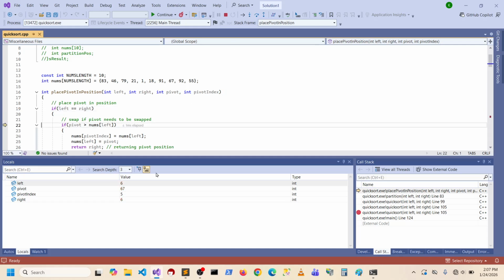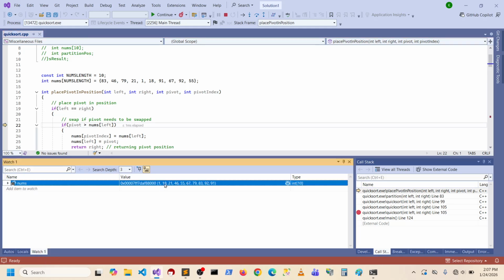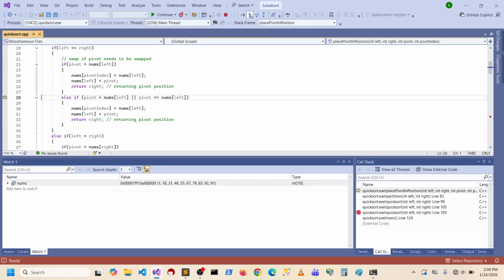Pivot 67. Greater than nums left, which is 6. They're both 9, 8, 7, 6. So 79. So 67 is not greater than 79. So that should not go there. It's not going to exchange with left.